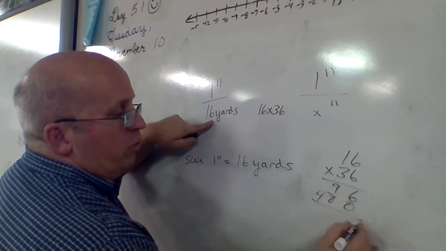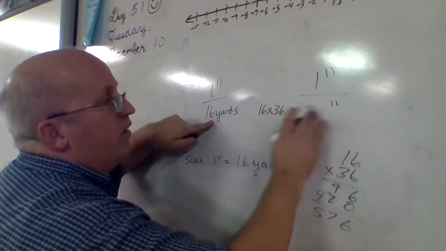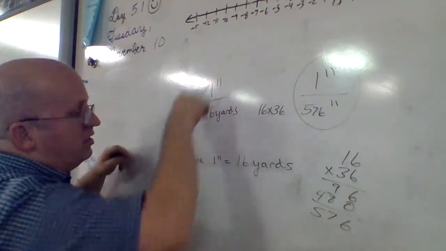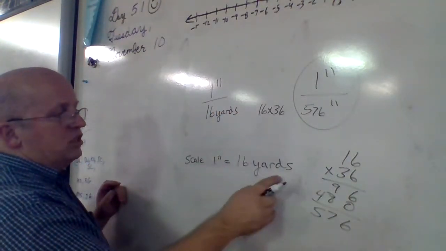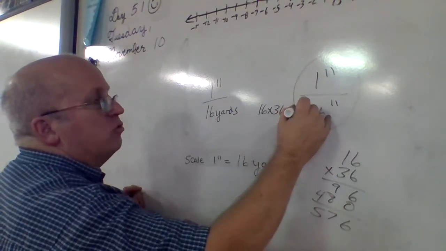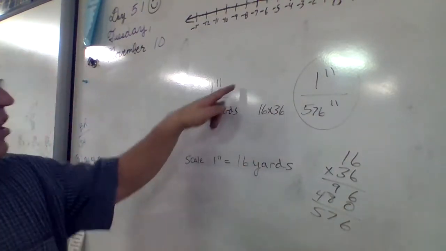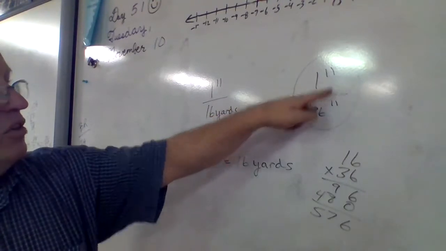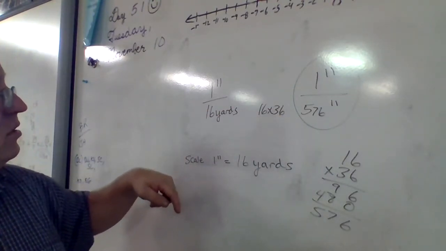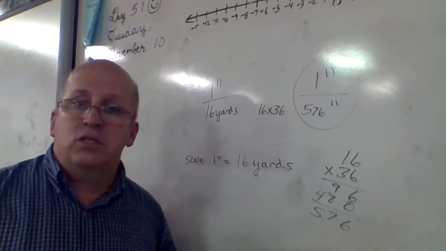And when I do the work, I get 576. So this is my scale, 1 inch equals 16 yards. This is my scale factor because I changed it so that the labels are the same, inches to inches instead of inches to yards. Make sense so far?